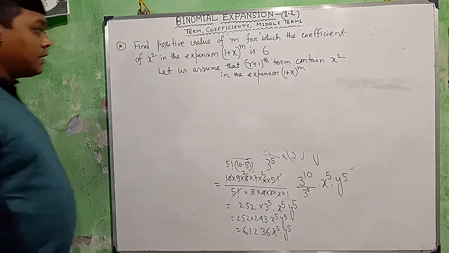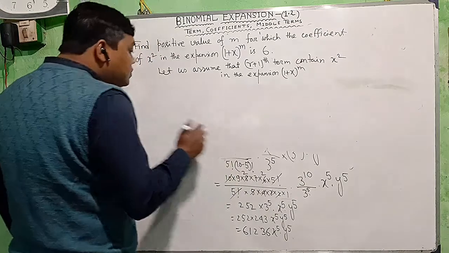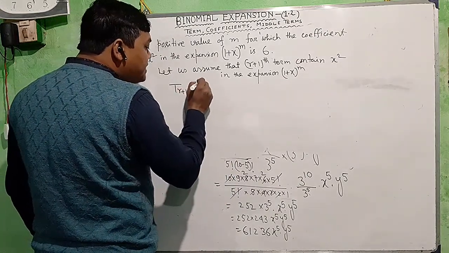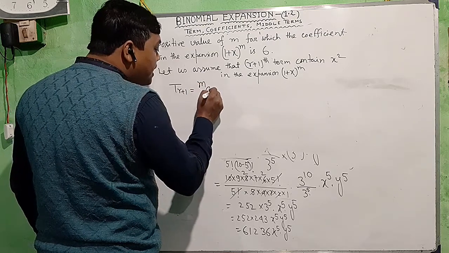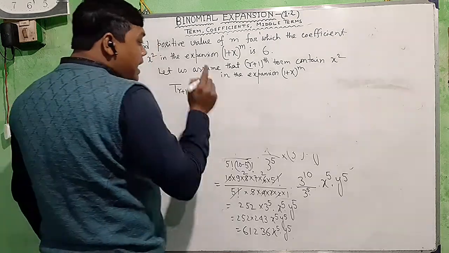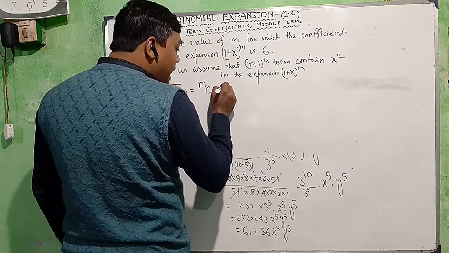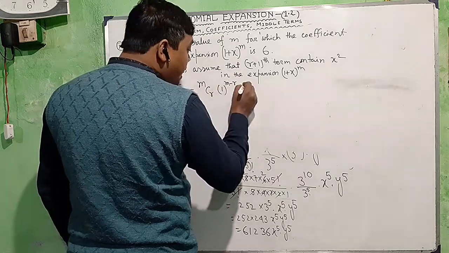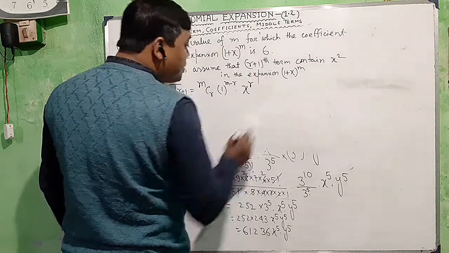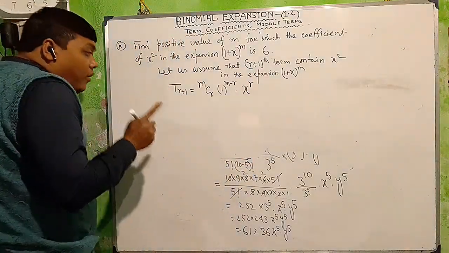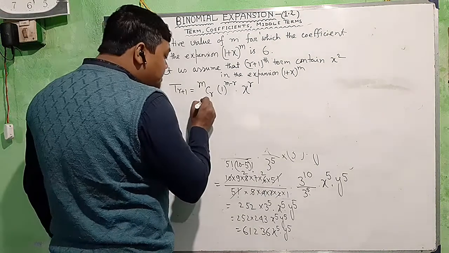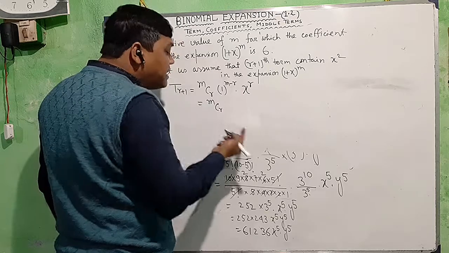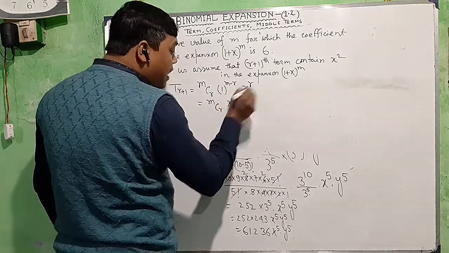Here n equals m, so t r plus 1 is m c r, a to the power m minus r into x to the power r, where a equals 1 and b equals x. If I simplify it, this gives m c r, and 1 to the power anything is always 1, times x to the power r.